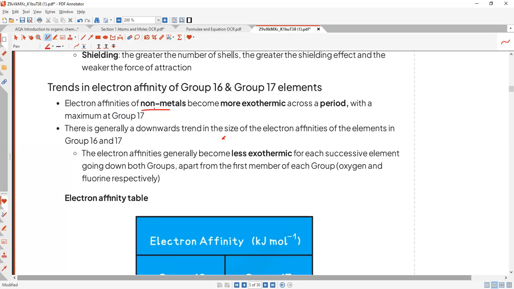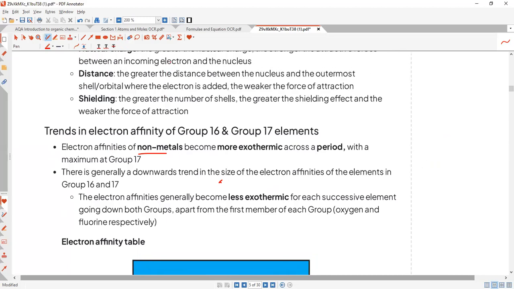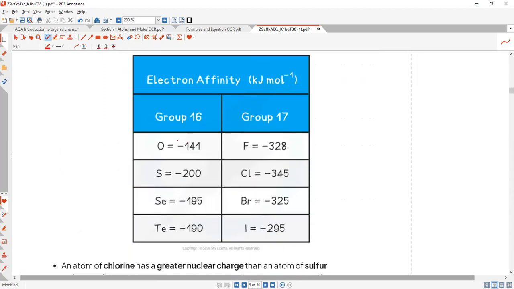Okay. So in today's lecture, we will discuss electron affinity. Electron affinity of group 16 and 17 elements. Group 16 elements are basically oxygen, sulfur, selenium, tellurium, as given in this table.